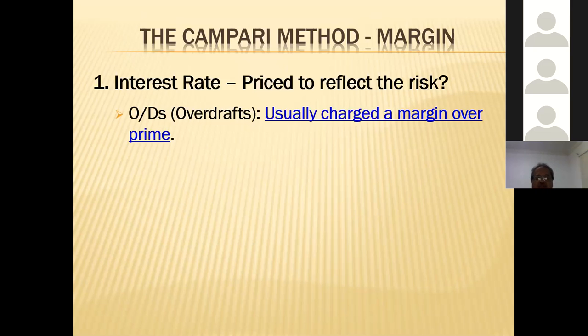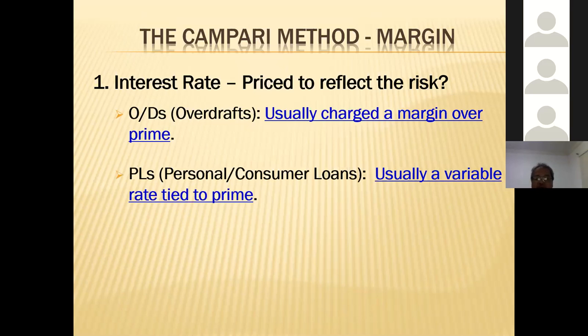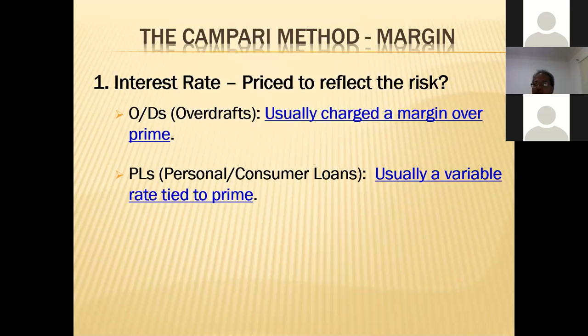So overdrafts are usually charged a margin over prime. We want to look at personal loans or consumer loans. Consumer loans are usually a variable rate tied to prime, and personal loans or consumer loans are normally some of your highest. You could probably be charging about 12%, some people up to 15, 16%.